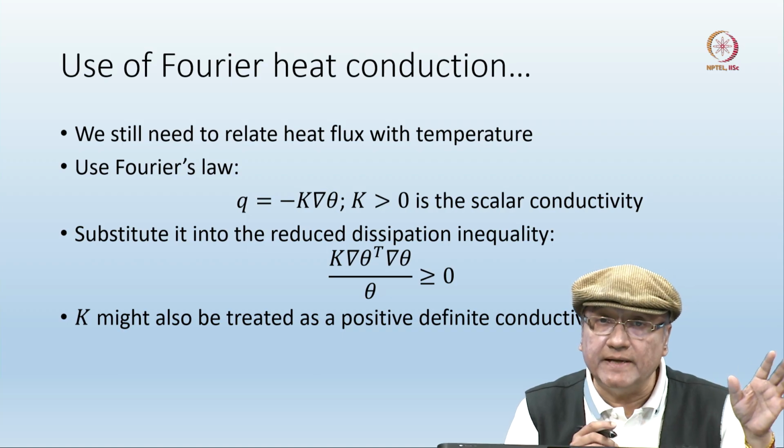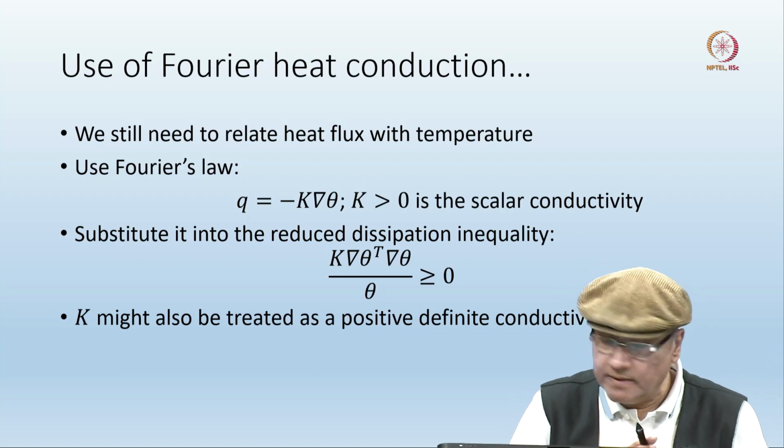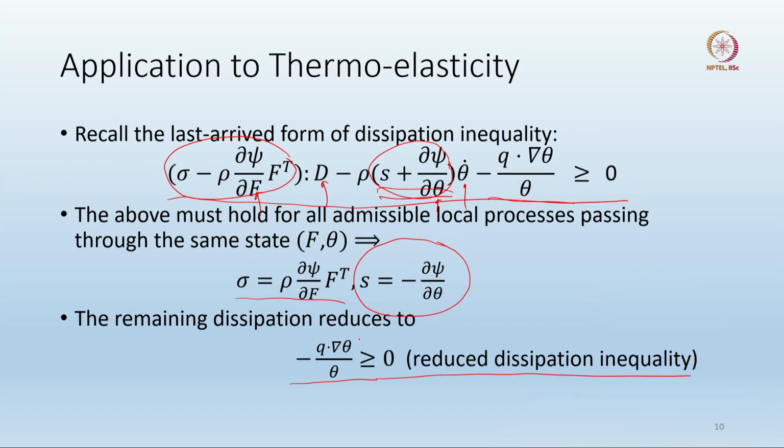Now we can look at the much reduced version, the reduced dissipation inequality, which, as we saw in the last slide, says that the negative of Q, the heat flux, dot producted with grad of theta must be greater than or equal to 0, because theta below is definitely greater than 0. Or I can say Q dot grad theta must be less than or equal to 0.